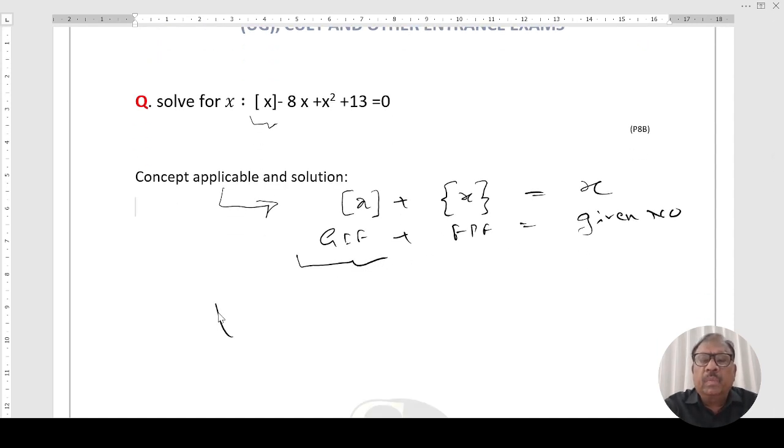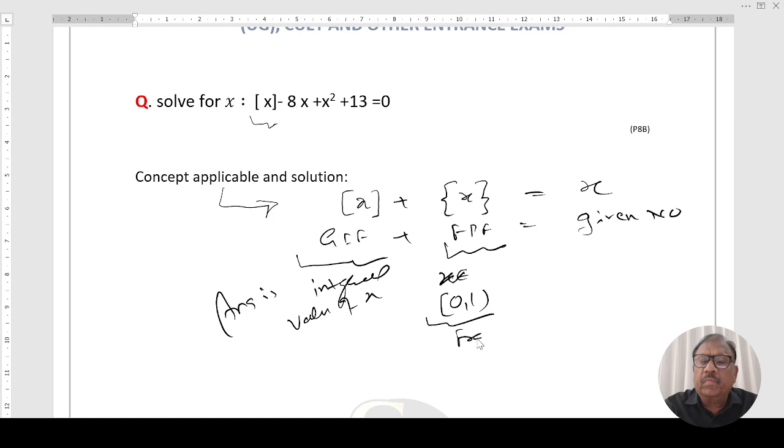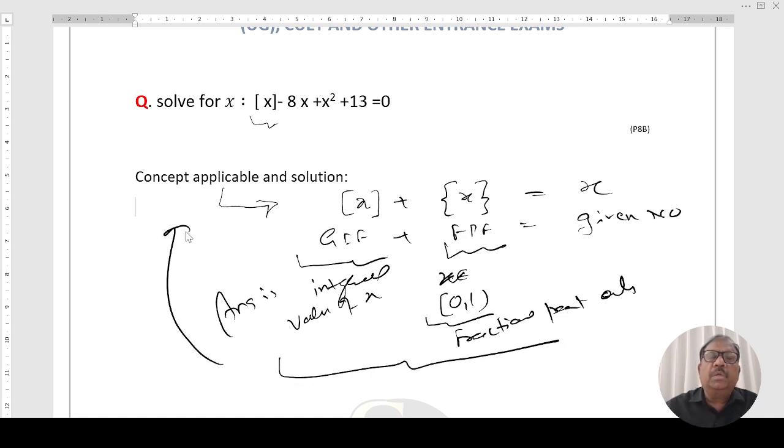In this case, the answer is an integral value of x. Otherwise, the answer will belong to [0, 1), that is, the fractional part only. We will use this concept in this equation.